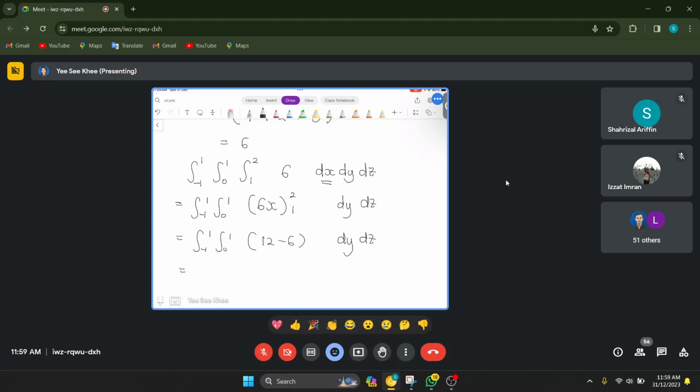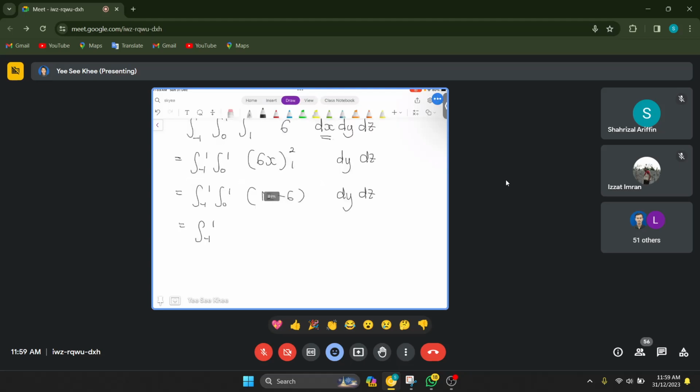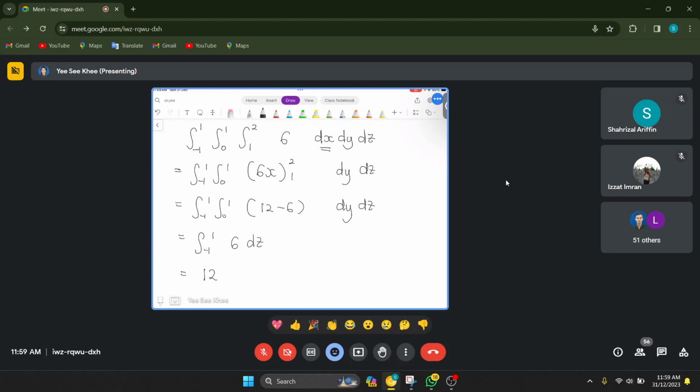So you integrate 6 from 0 to 1, you get 6 also, right? So this answer is the same as the answer from the left hand side.